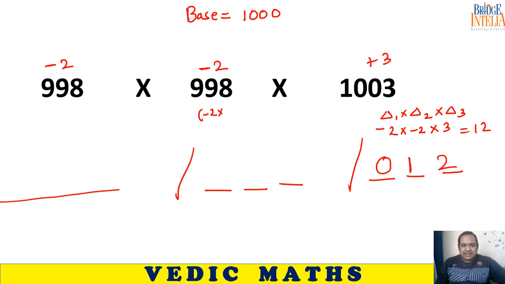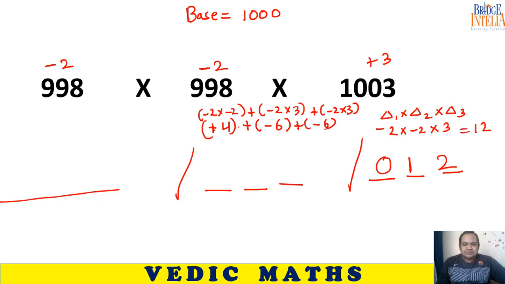Coming to the mid portion. So minus 2 into minus 2 plus minus 2 into 3 plus minus 2 into 3. This is equal to minus minus plus, so plus 4, plus minus 2 into 3 is minus 6. Again minus 6. So 4 minus 6 minus 6 is equal to minus 8.